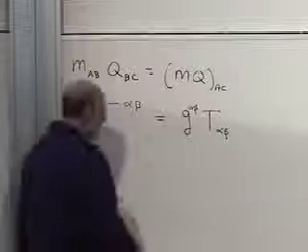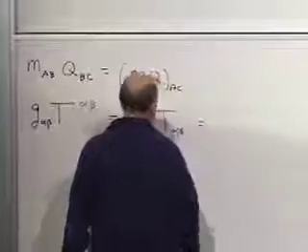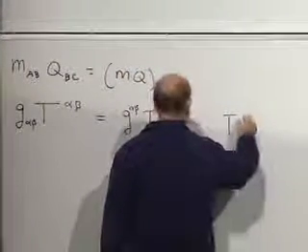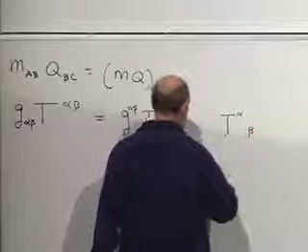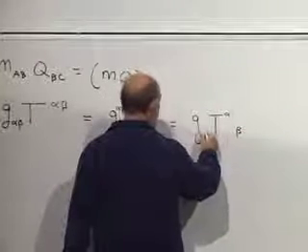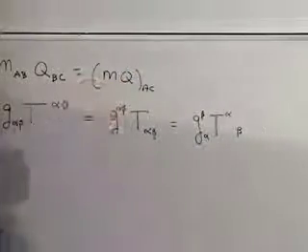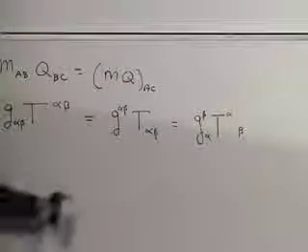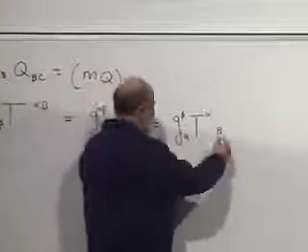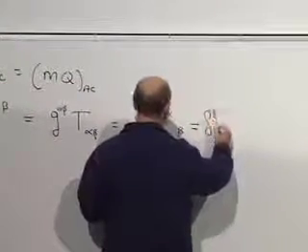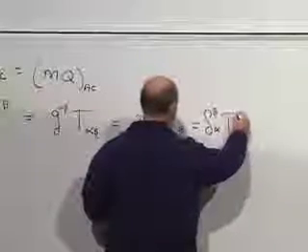But you can also take it to be T with one upper index, one lower index, multiplied by G with one lower index and one upper index. They're all three equal to each other. And in this form, this is just the Kronecker delta times T alpha beta.